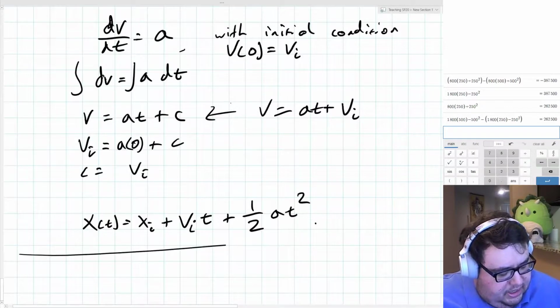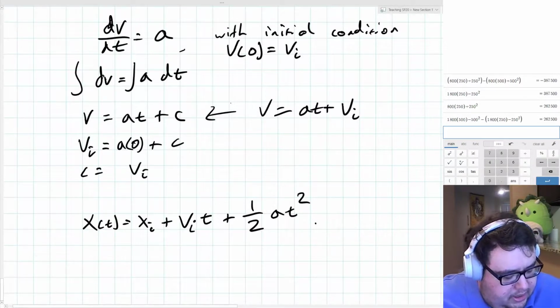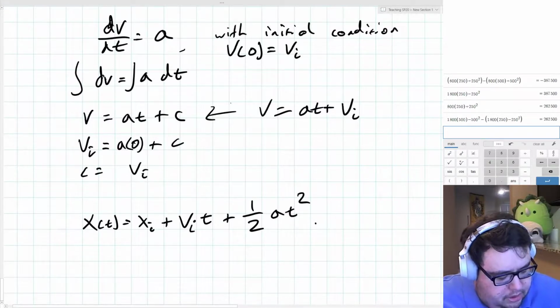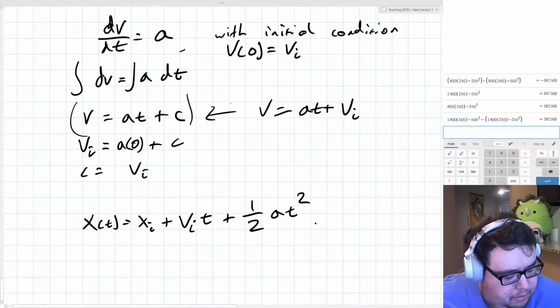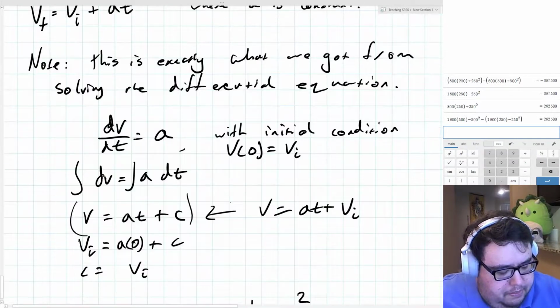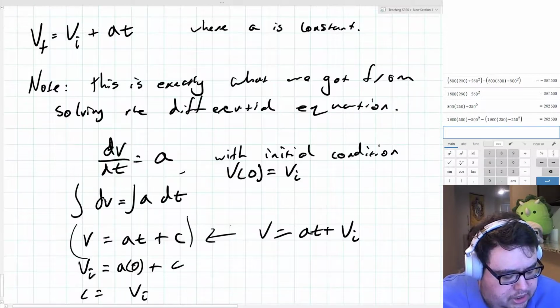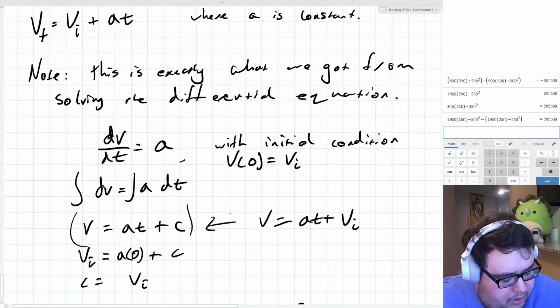And this is exactly what we receive by solving this separable differential equation, that v is equal to at plus c, or more specifically, that the final velocity is equal to v sub i plus at, right?